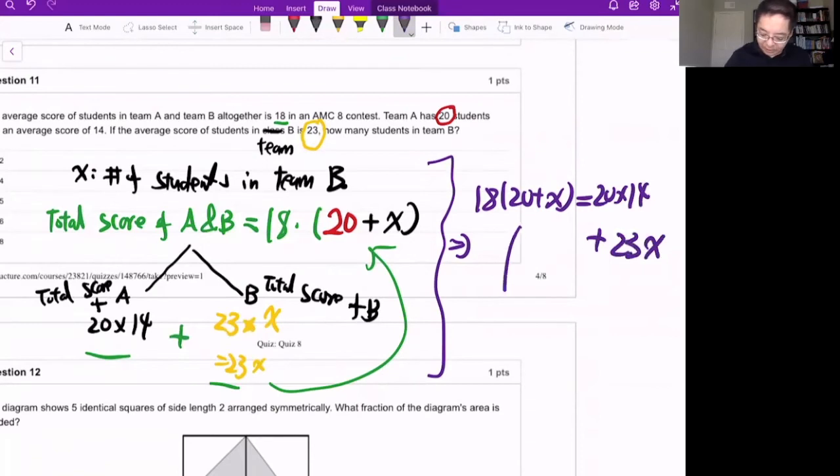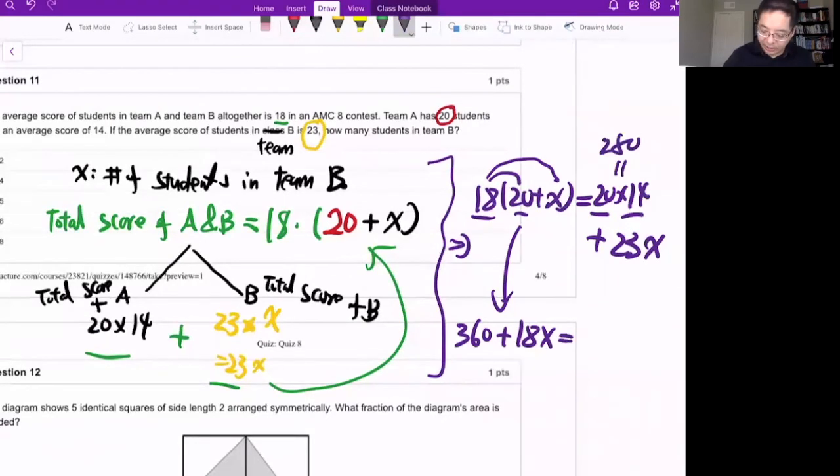Now let's write this out. So 18 multiplied by 20 is 360, plus 18X, equals 20 times 14, which is 280, plus 23X.